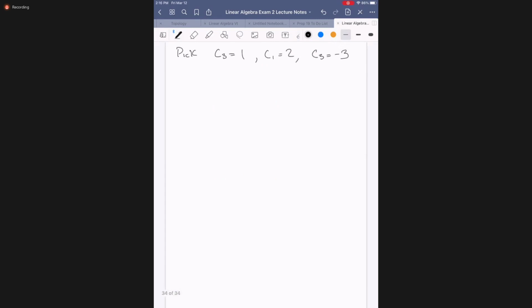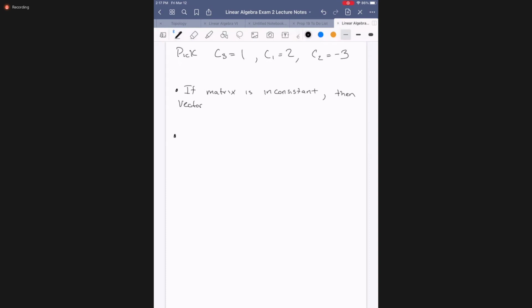So here, let's mark that. So if the matrix is inconsistent, then vector, I wrote C3 twice. Should be C2.